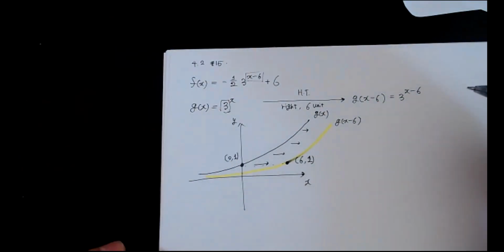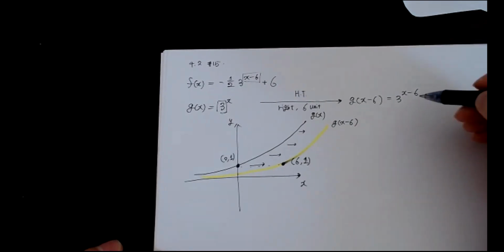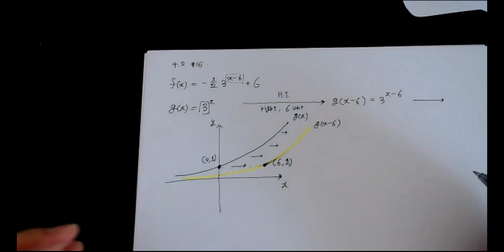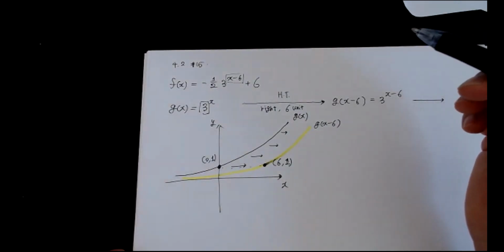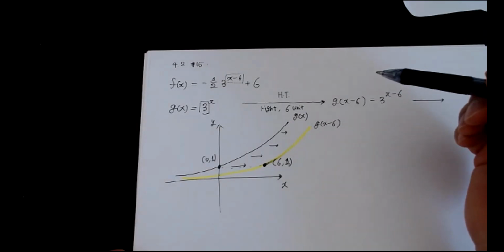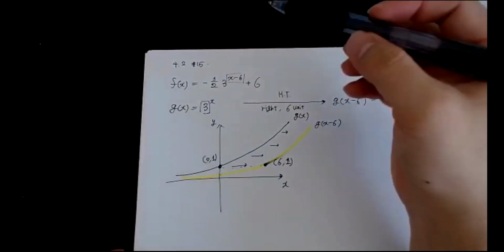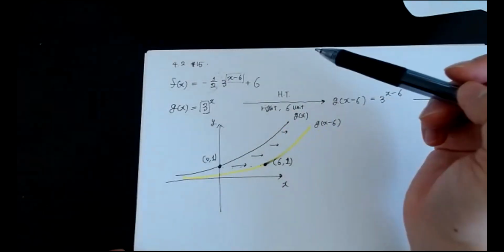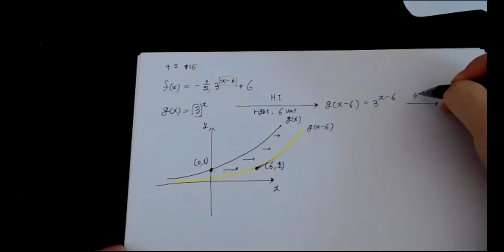Now then, what are we going to do? Remember the order of transformation: the HT, then stretching or shrinking or reflection, and then VT, right? So you see negative 1/2. That's a, and 1/2 is a shrinking, by a factor of 1/2, right?